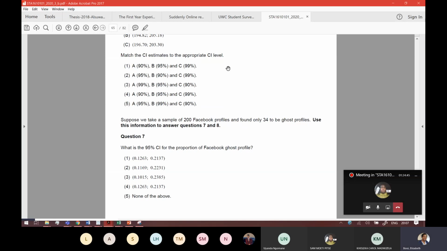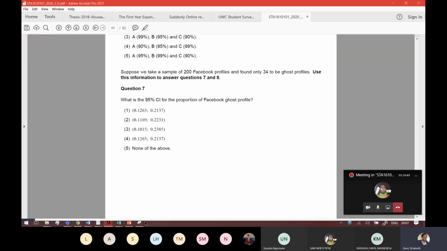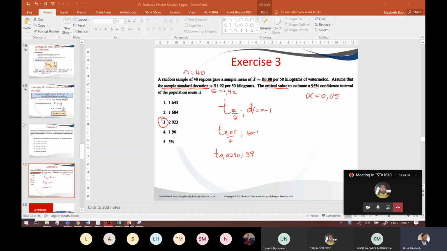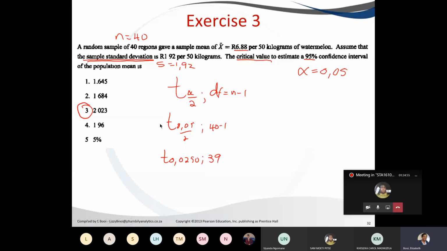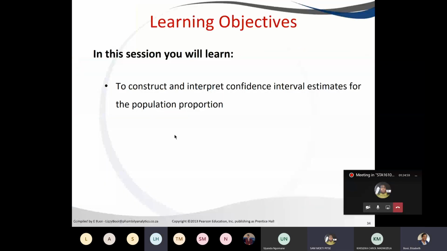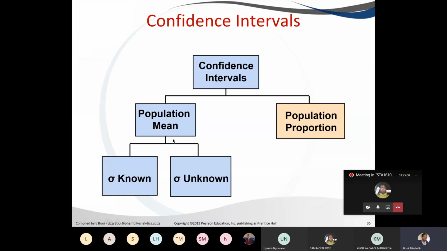Now let's look at proportions so that you can answer question 7 and going forward. When we work out the confidence interval for the proportion, we're going to go back to the Z table.